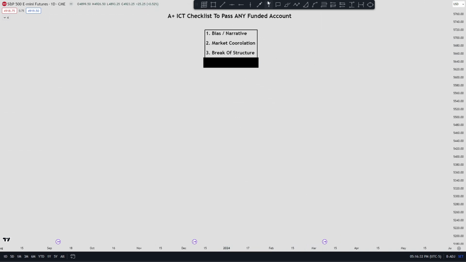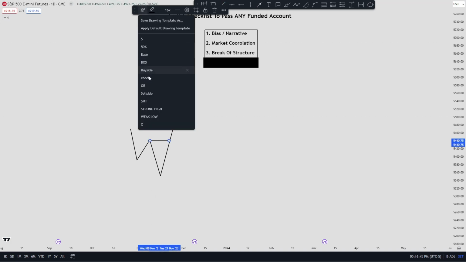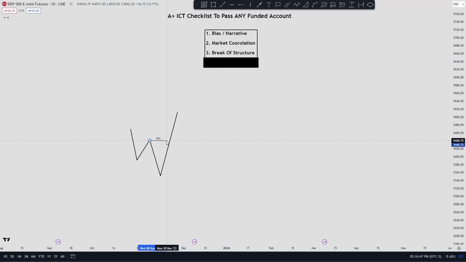Next is breaker structure. Breaker structure is just simply, let's say we have something like this, right? We get a break like this. This is a breaker structure. We have this swing low being broken higher.